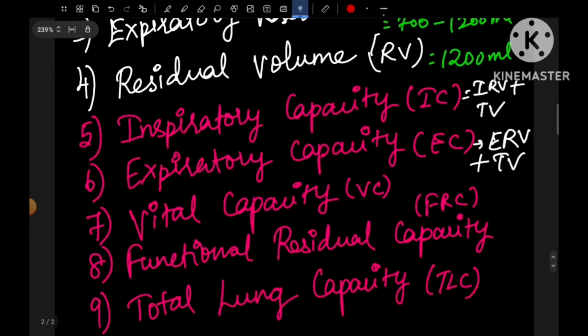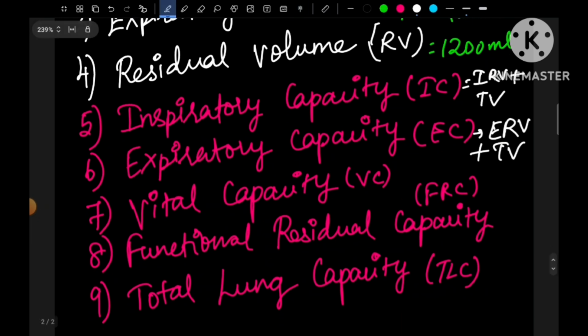Right, so let's write that. IRV plus TV plus ERV. Okay, this is vital capacity.